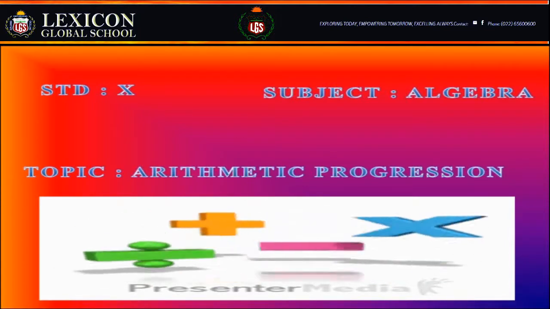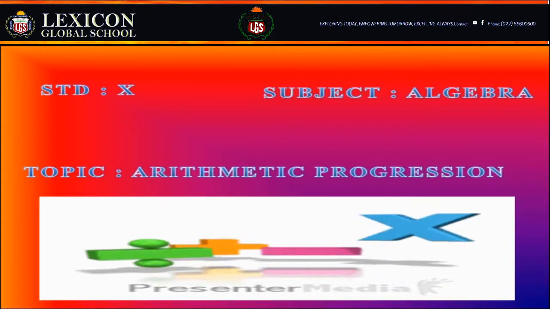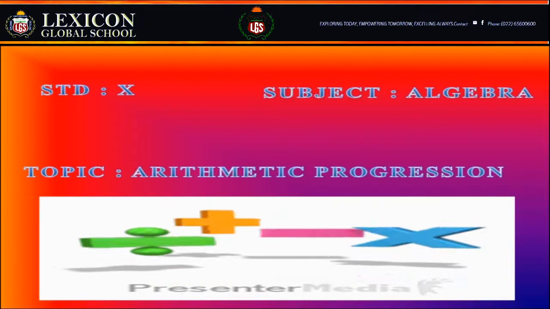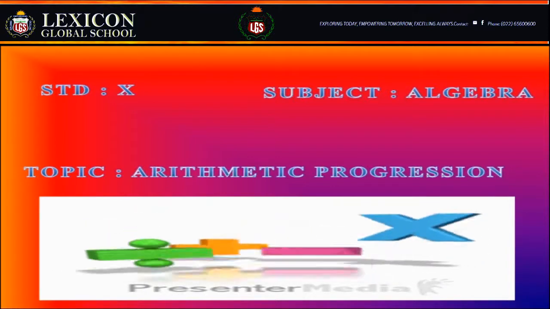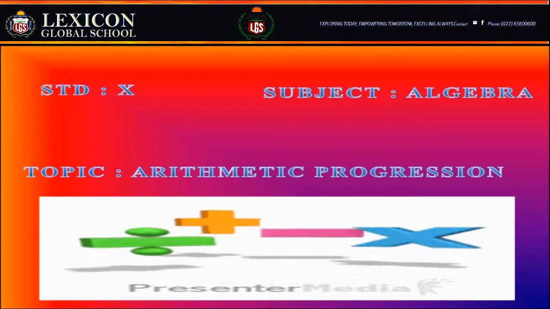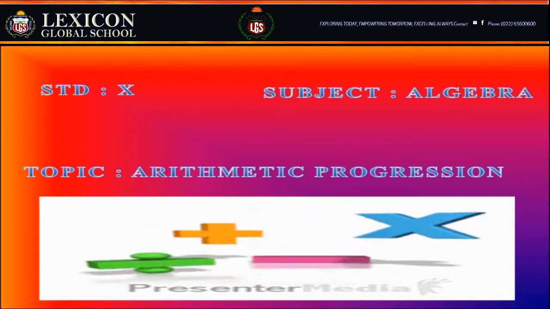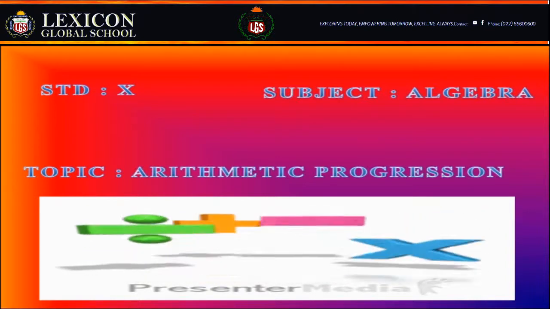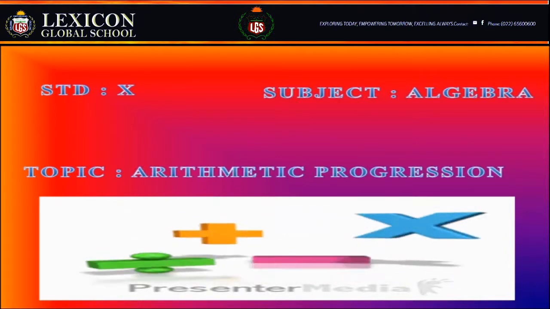If I ask you, you will tell me, Miss, the difference between them is 2. Similarly, if I ask you to tell me multiples of 5, you would answer, Miss, 5, 10, 15, 20, these all are multiples of 5.